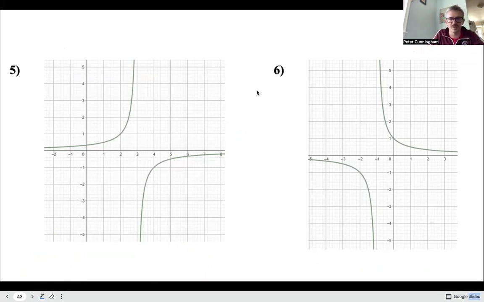Now you might be wondering, well, where are the equations here? So I'm asking you to look at these and be like, where does this exist? Go to 3, right? That line gets very, very close to 3, but it never really exists there. So if you draw that line, that vertical asymptote, we say that the vertical asymptote was at x equals 3.